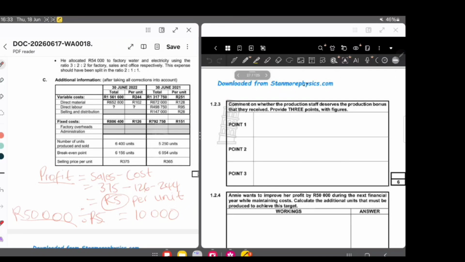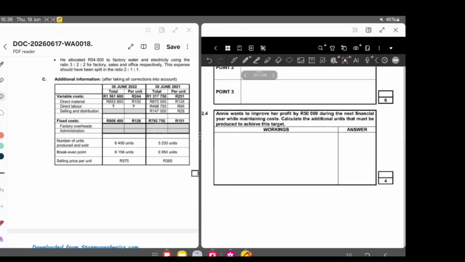So to write it down, we are going to say for her to make a profit, her profit is equal to her selling price minus her cost price, which is selling price is 375 and her cost price is 244 plus 126. You take your variable cost, you add your fixed cost, which is going to give you 370.